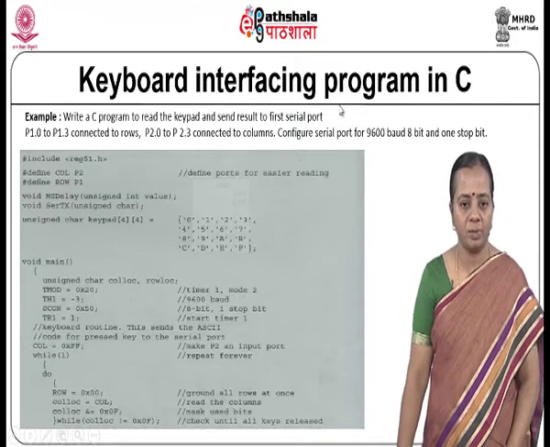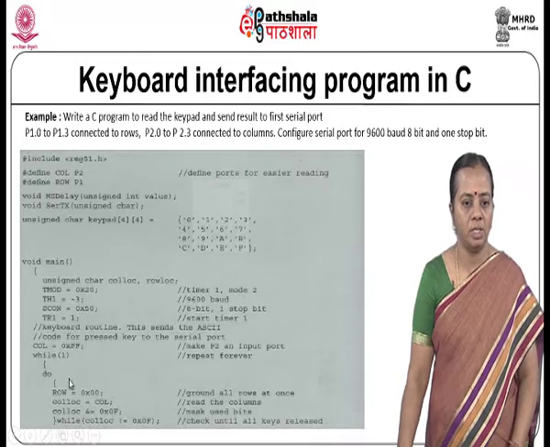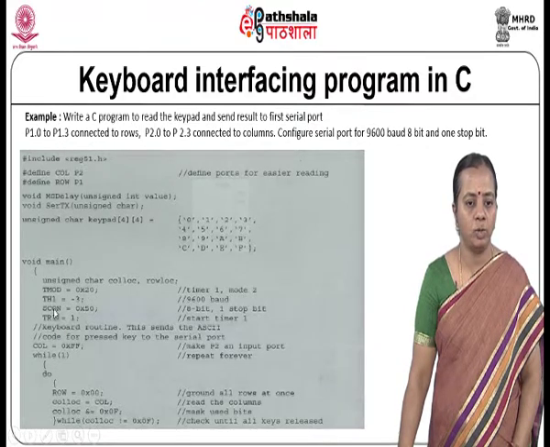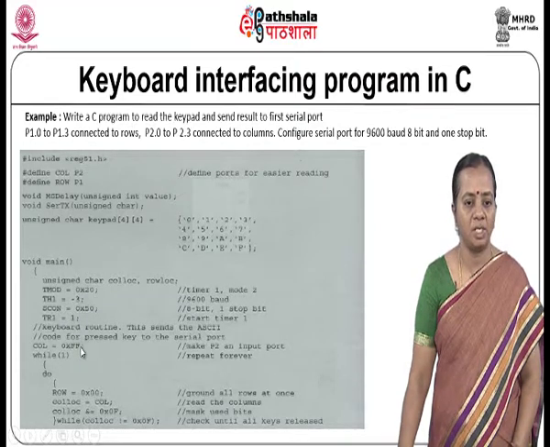These are the setups we are maintaining. First we have to make the serial communication, so we set TMOD to 0x20, TH1 to -3, SCON to 0x50 and TR1 to 1. Now the serial communication is established.